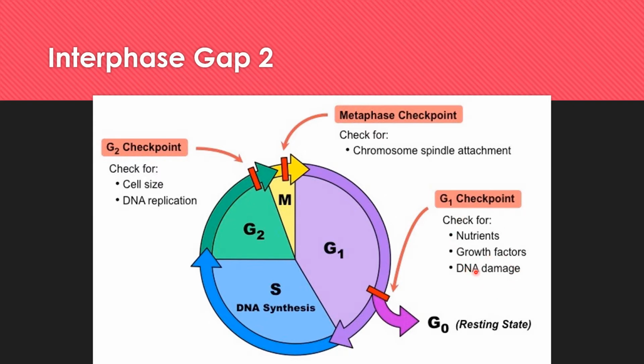If there was DNA damage, then the cell would go into another phase that would end up killing the cell, and we'll talk about that in a little while. Then checkpoint 2 makes sure that the cell size is good and the DNA replication is all good before it can move on to the mitotic phase. Excuse me.